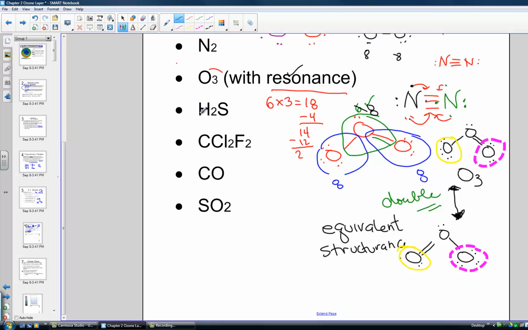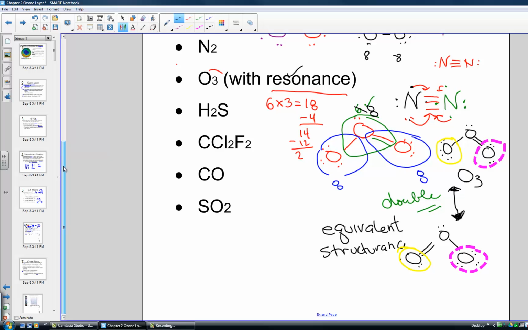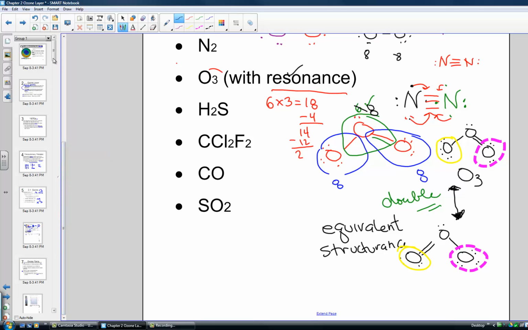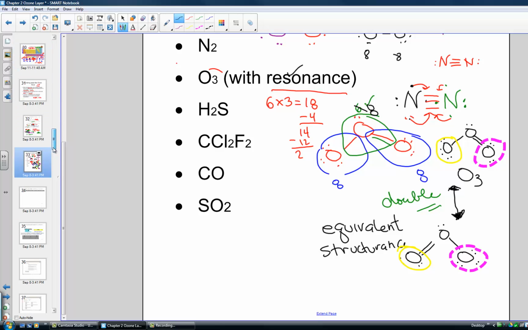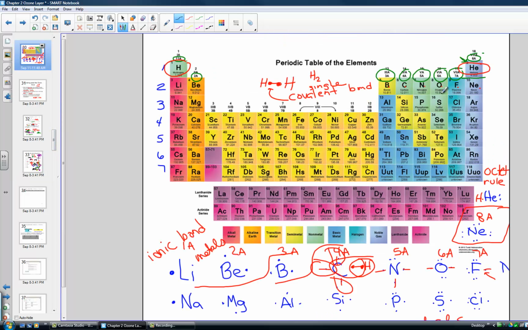What about H2S, hydrogen sulfide? Again, think symmetry. Who's going to be your central atom? And in your central atom, never pick hydrogen. So if I find my periodic table, here it is. Sulfur, who lives in group 6A, is going to have 6 valence electrons, just like oxygen did when we drew it down here.